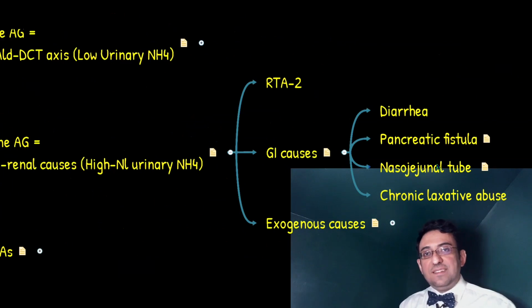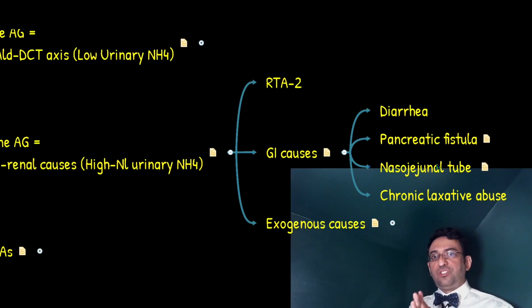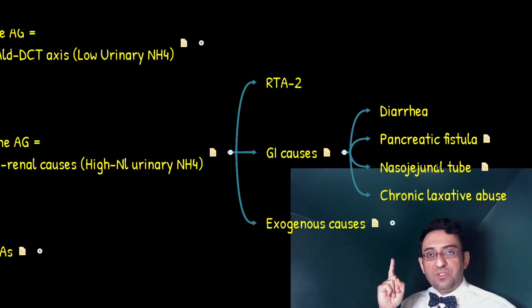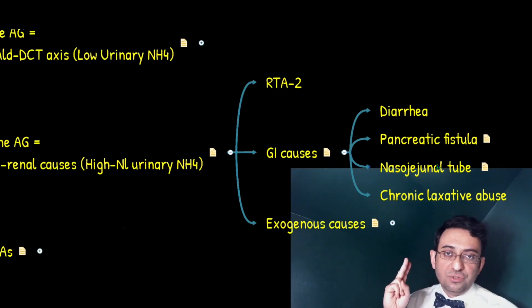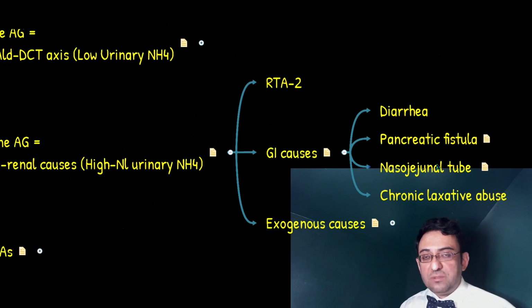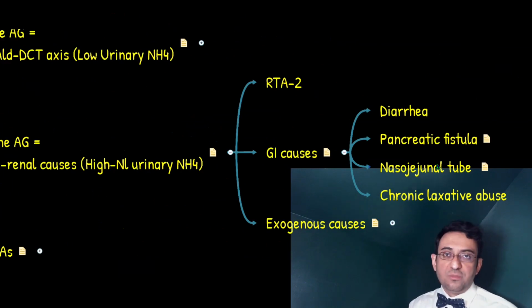Now, what about the distal nephron's anion exchanger? It is the inverse of the GI anion exchanger. Please remember this: in the distal nephron, the anion exchanger, one, reabsorbs newly synthesized bicarbonate, as opposed to reabsorption of just filtered bicarbonate, which happens in the proximal tubule in a sodium coupled mechanism.